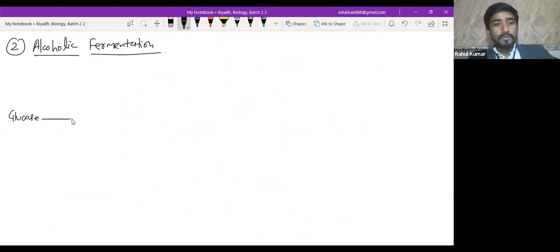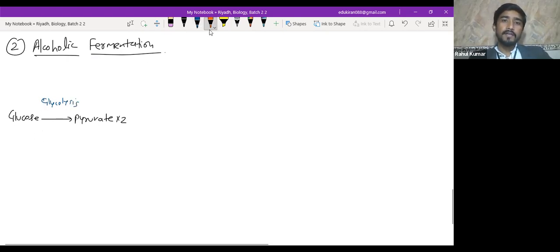So from glucose to pyruvate, which is 2 in number, happens through glycolysis. And what do we get? 2 NAD plus enters, and we get 2 NADH from glycolysis, correct? Now, pathway alcoholic fermentation starts from here.